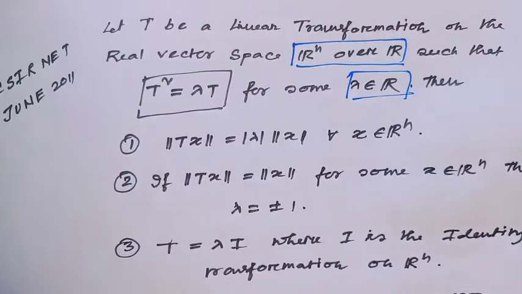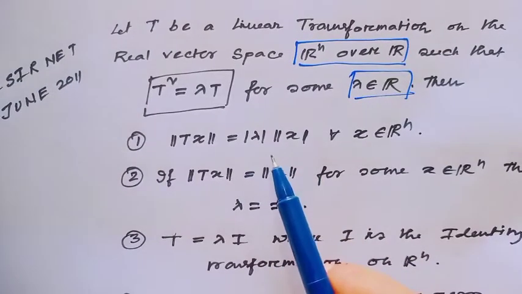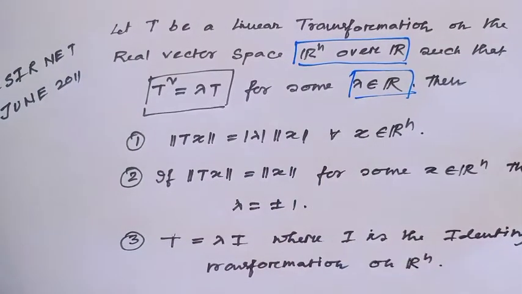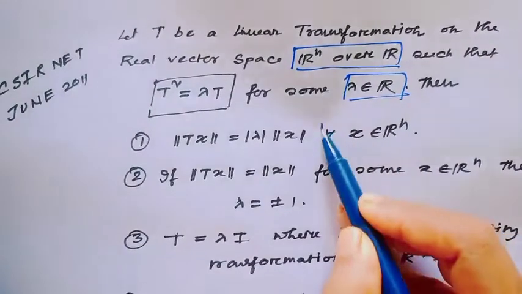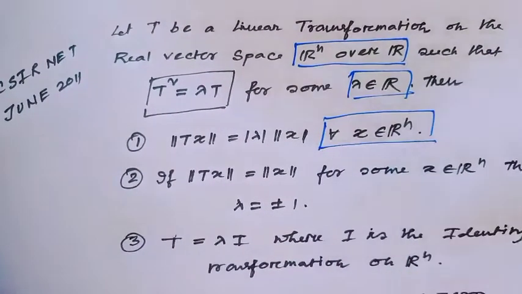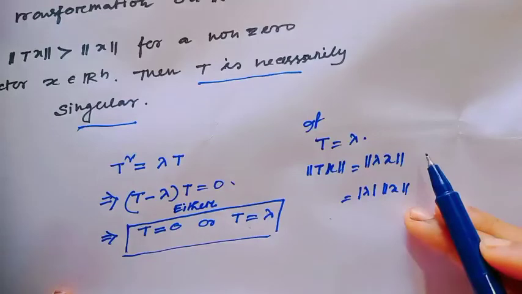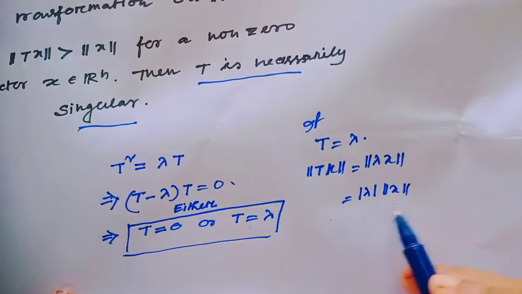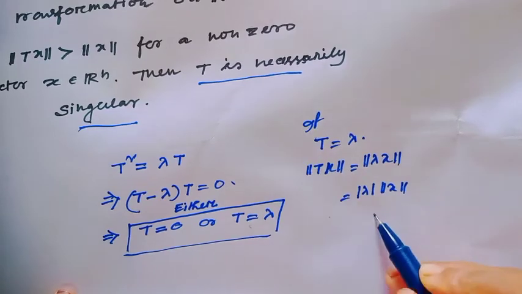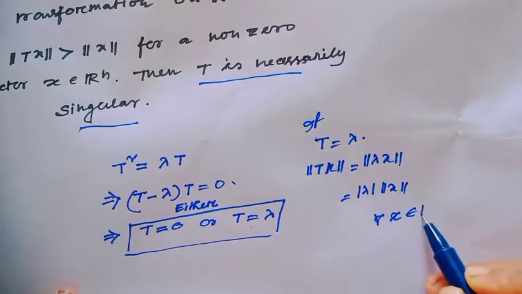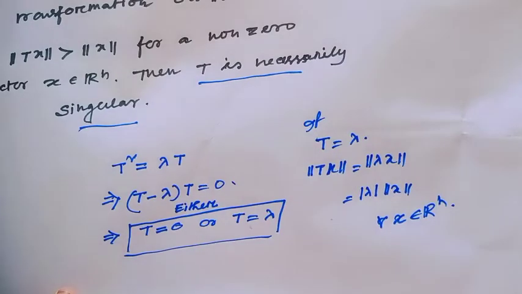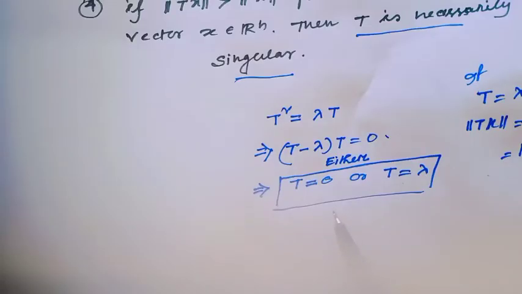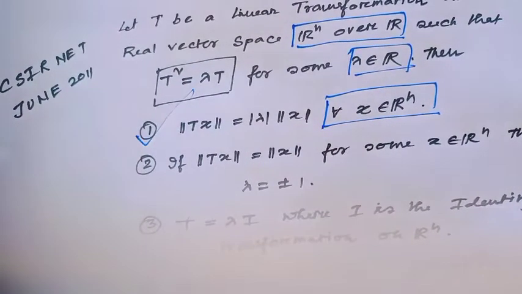Therefore, option 1: norm Tx equal to absolute value of lambda times norm x, and this is true for all x belongs to Rn. If we consider T equal to lambda, obviously this equation would be satisfied for all x belongs to Rn. If we consider the linear operator T equal to 0, then obviously this would be true. That means option 1 is a right option.